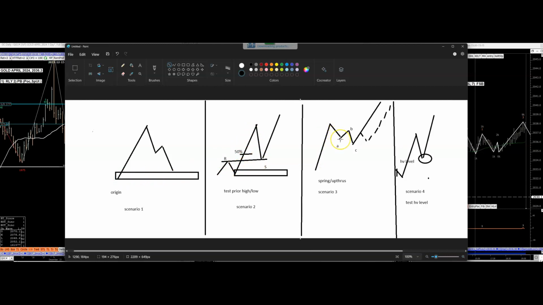If it doesn't, look for a spring, meaning the first pullback doesn't go here or doesn't go here. What are we going to look for? A spring, as a potential area. So you have an understanding about where it's going to go, and by marking the levels in advance, you're very well prepared.